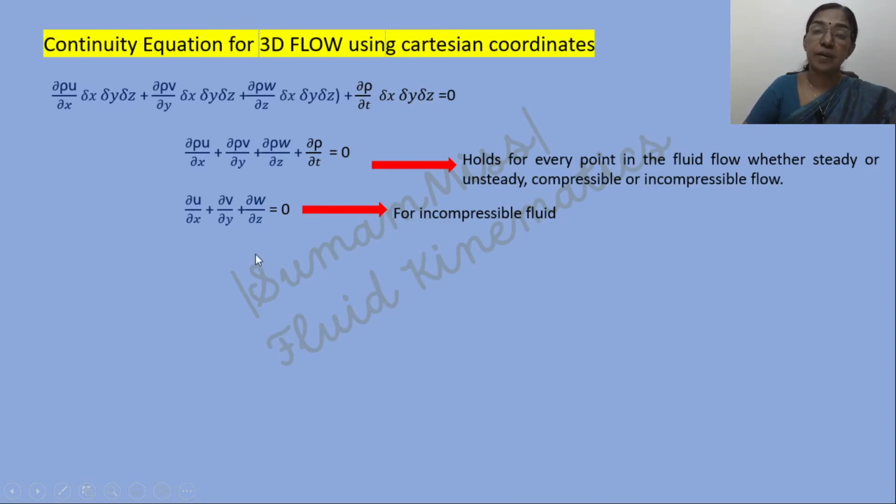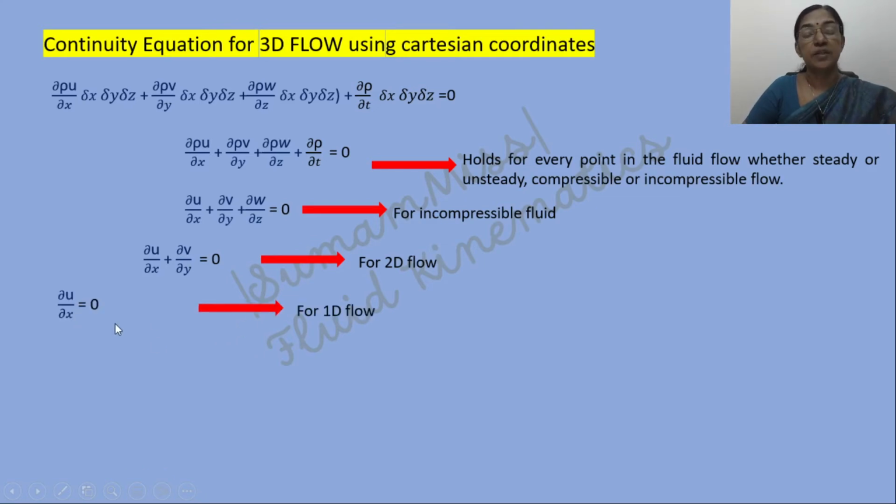Suppose the flow is two-dimensional, then we have the velocity components in the x and y directions only. So our expression is ∂u/∂x plus ∂v/∂y equal to 0. If the flow is one-dimensional, then it is ∂u/∂x equal to 0. If we consider the cross-sectional area, this equation leads to AV equal to constant, or A1V1 equal to A2V2.